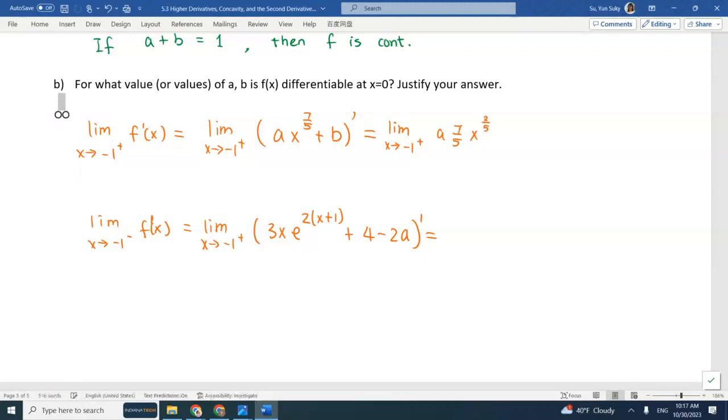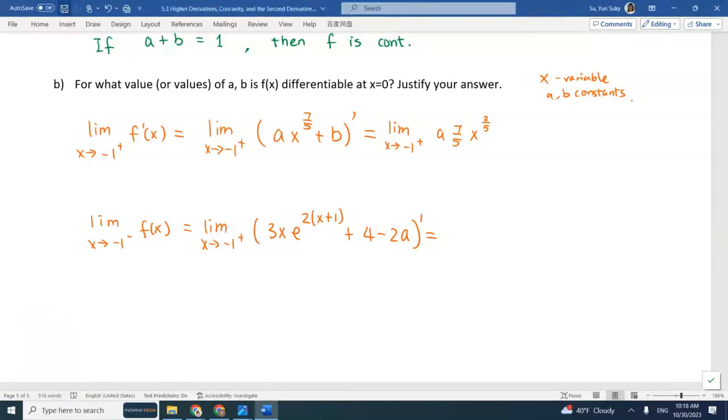Yeah, very good. b is the constant. Yeah, exactly. So x is the variable, and a and b are just constants. Okay?